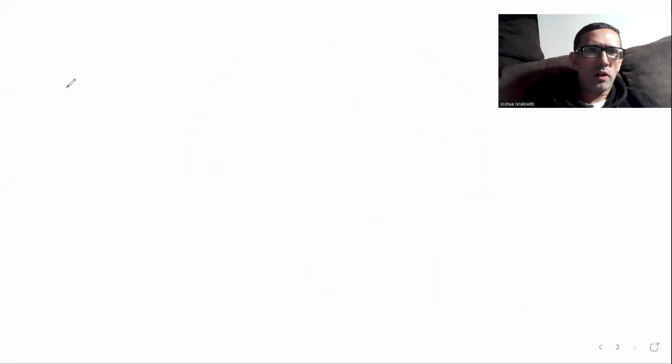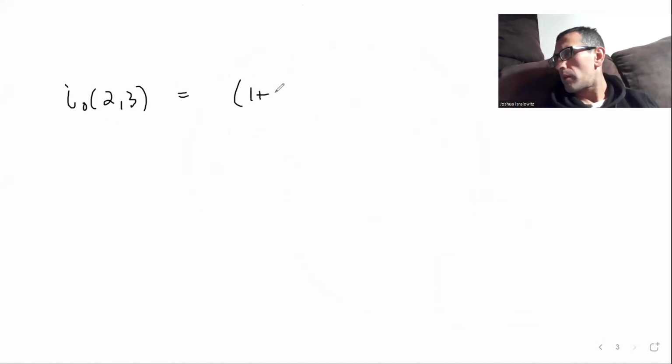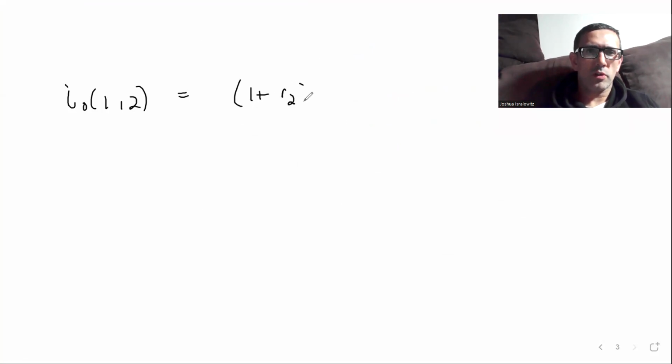All right, so for year 2, I want 1 to 2. So it's 1 plus R2 squared over 1 plus R1, to the 1 power, minus 1.